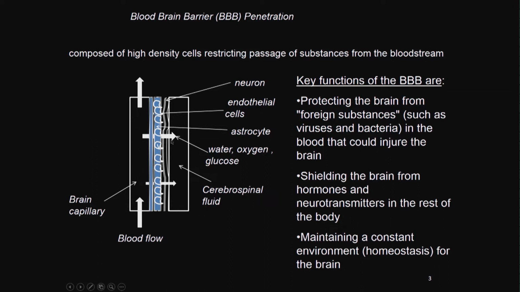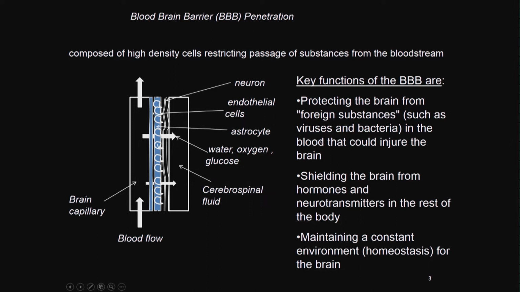Some things pass through, nutrients maybe, oxygen maybe, but we do not want many things to pass through and disturb. So this is the neuron, these are the endothelial cells, this is called astrocyte. It allows of course, as I said, nutrients, oxygen, water. Basically it protects the brain from foreign substances such as viruses, bacteria that may be present in the blood.